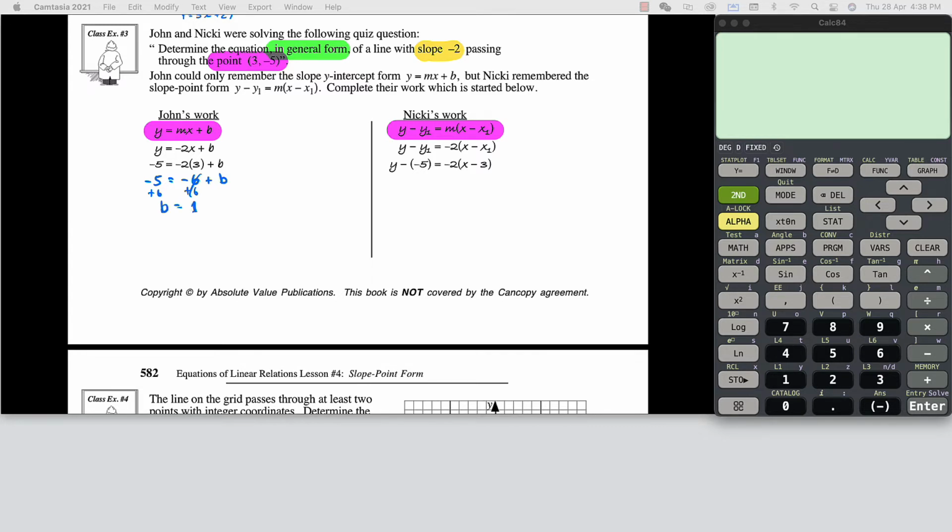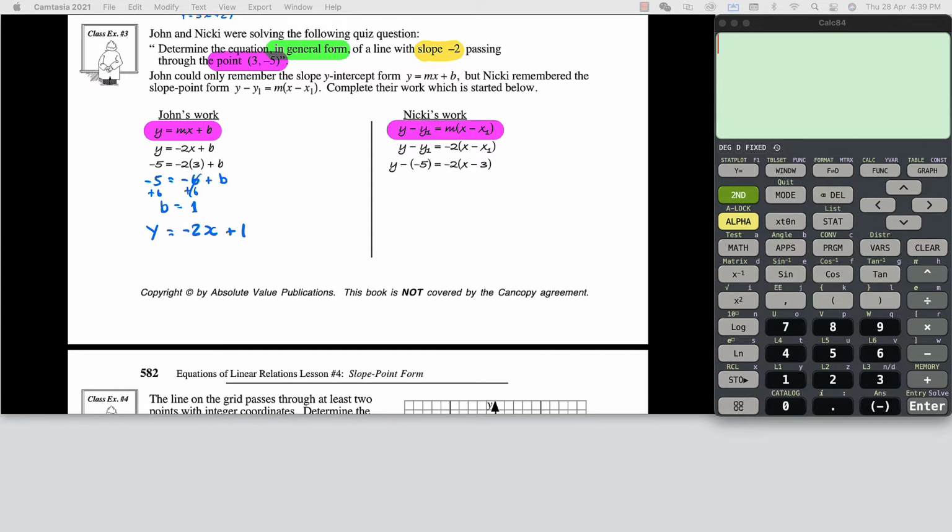So that's telling me what the value of the y-intercept is. So now I can put it into the form of y equals m, what's the slope? -2x plus 1.